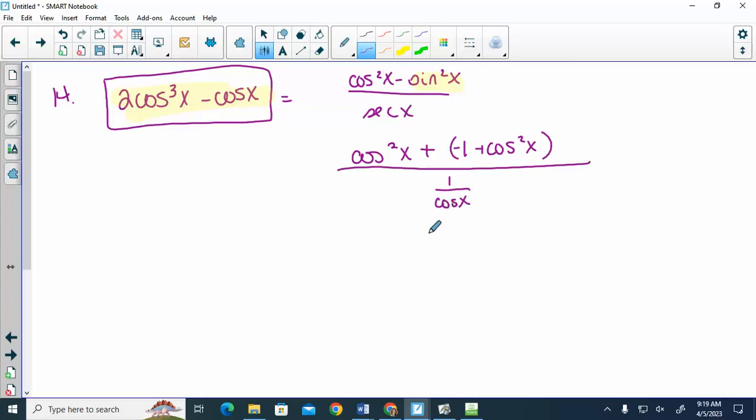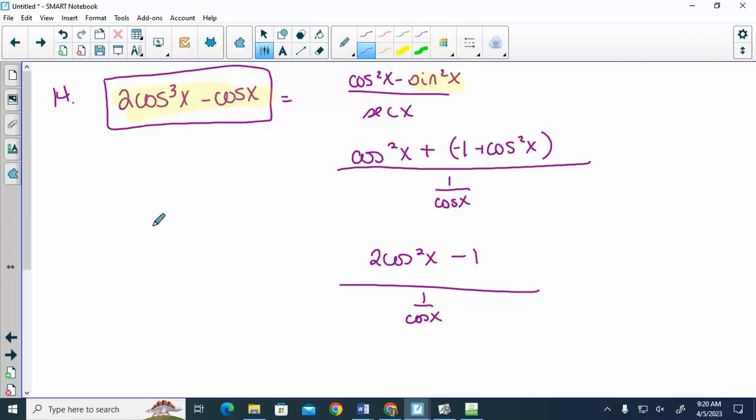So part of this was just keeping my goal in mind. I knew I wanted cosines, so I left my cosine alone and everything else I wrote in terms of cosine. So on the top, if I combine like terms, cosine squared x plus cosine squared x is 2 cosine squared x plus -1, so -1. Okay, and this is all over 1 over cosine x.